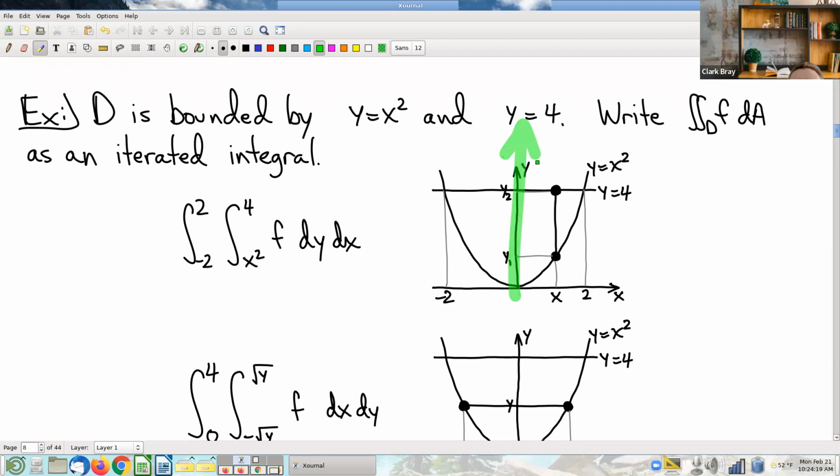Keep in mind when an integral is a Riemann sum, a Riemann sum is the limit of the summation of f of xi, delta x. Well, this is 2-dimensional, so delta x, delta y. Those deltas are b minus a over n, or d minus c over n, depending on which variable we're talking about.